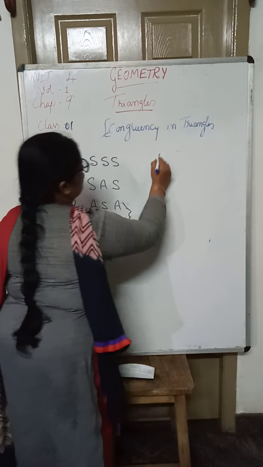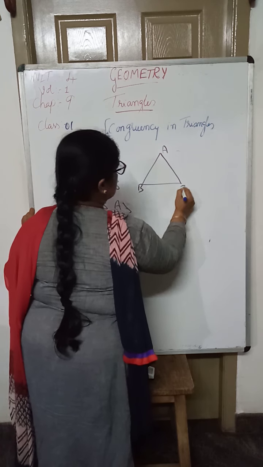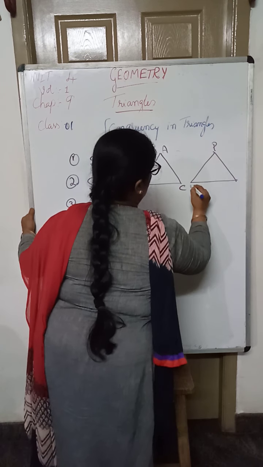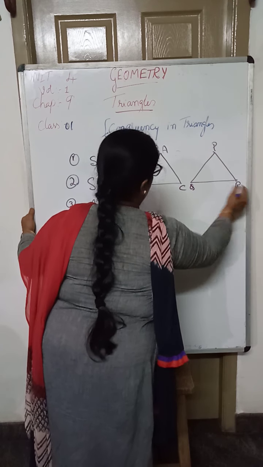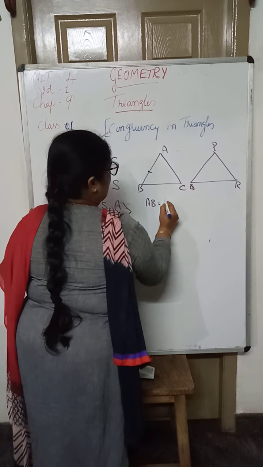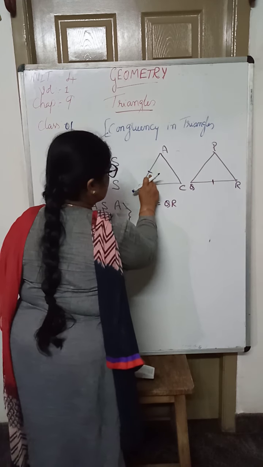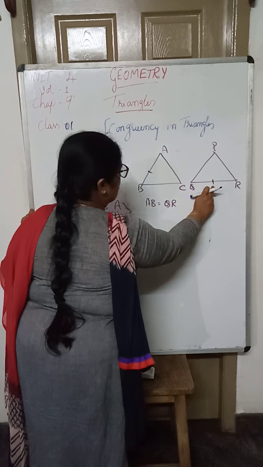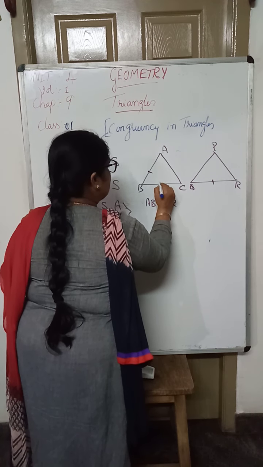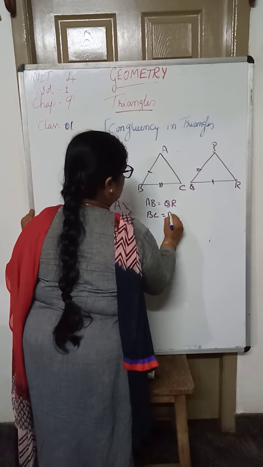Now here, in these two triangles, ABC and PQR, if AB is equal to QR, I have taken it with one mark. Double line means next: BC is equal to PQ.